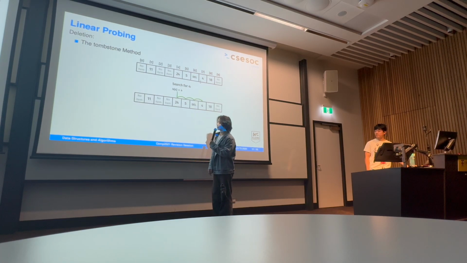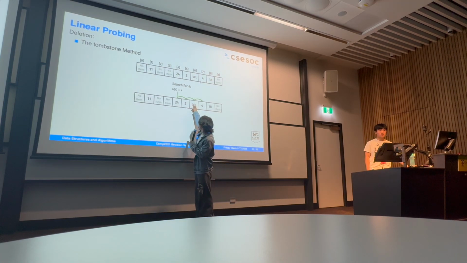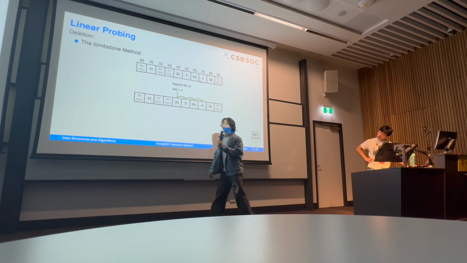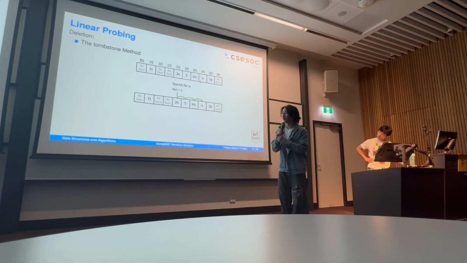Even if I delete 14 here, I leave behind this tombstone and keep searching because I may have placed more things afterwards. Now we've gotten rid of the problem of losing things we placed in.